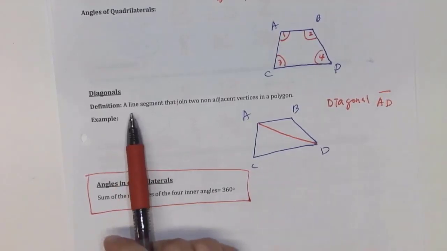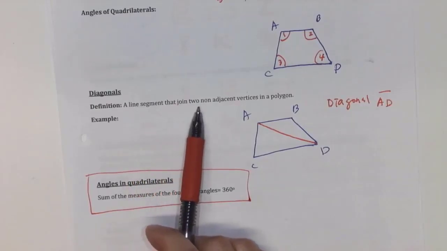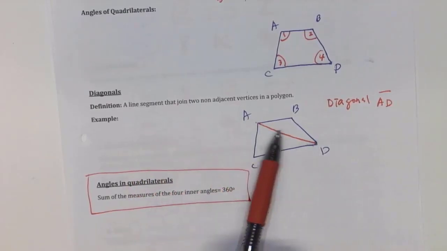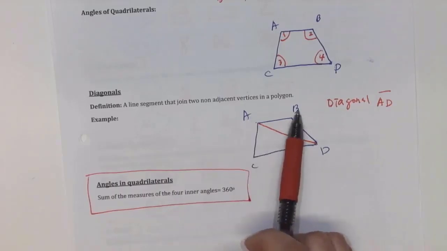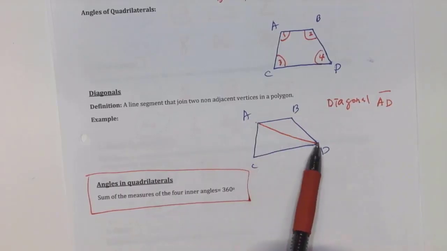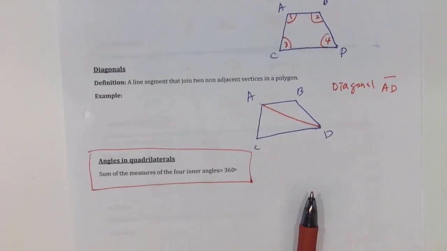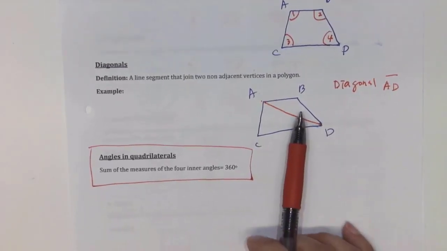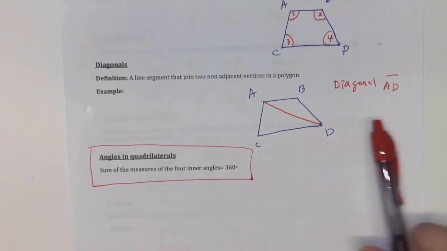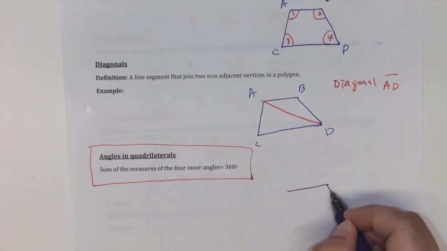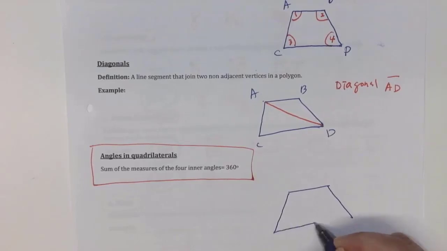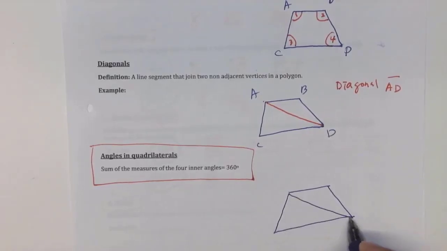A diagonal is a line segment that joins two non-adjacent vertices. So I cannot connect A and B, right, or A and C, because they are adjacent points. So we're looking at here. I am using the same shape. I'm going to do the best I can to cut it about the same.